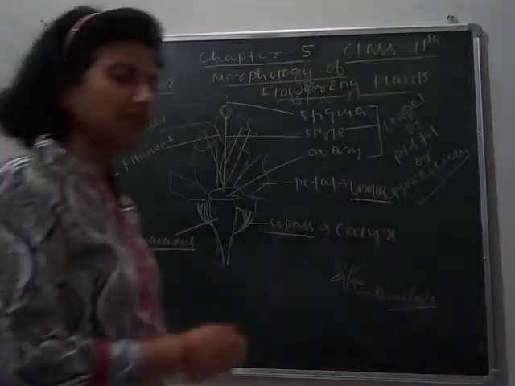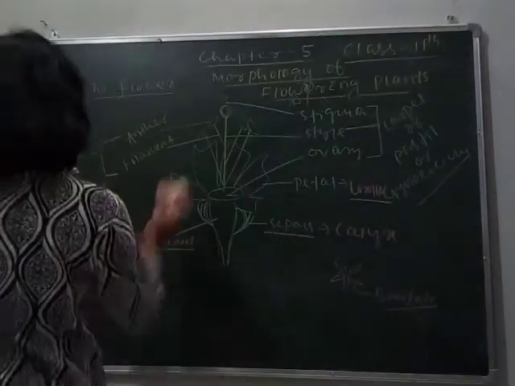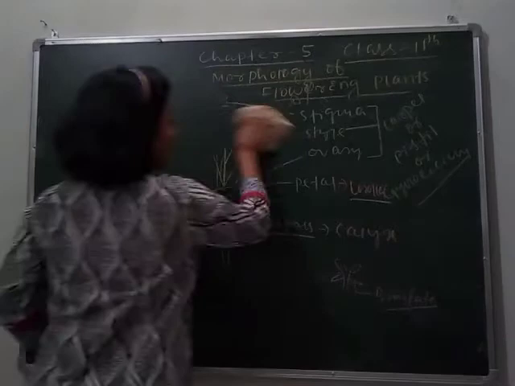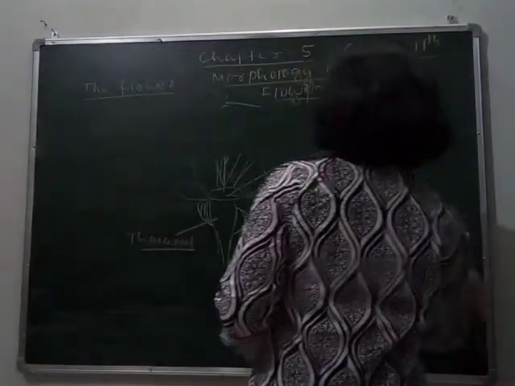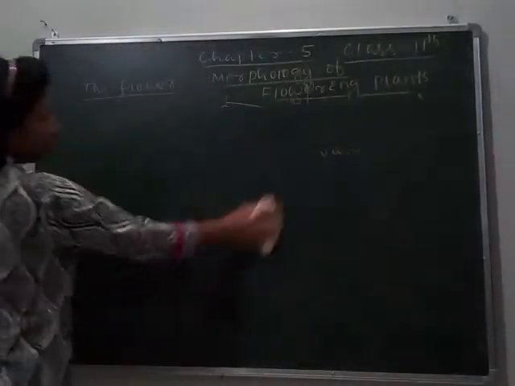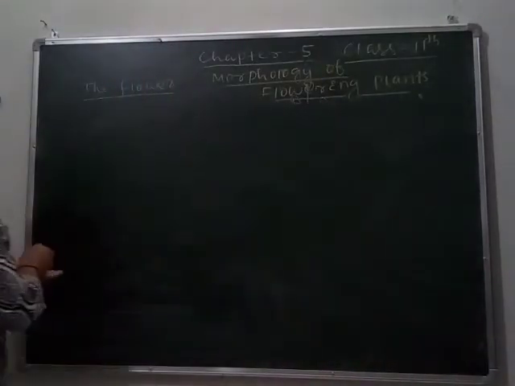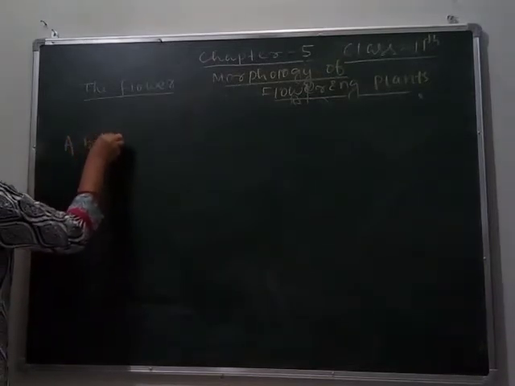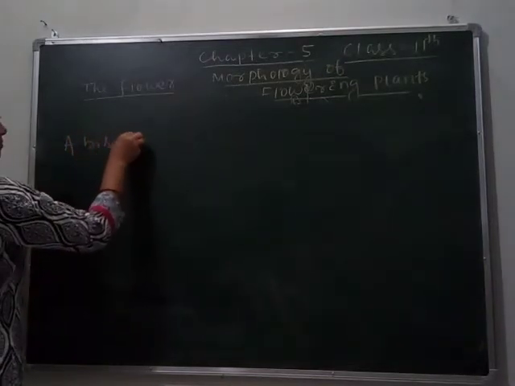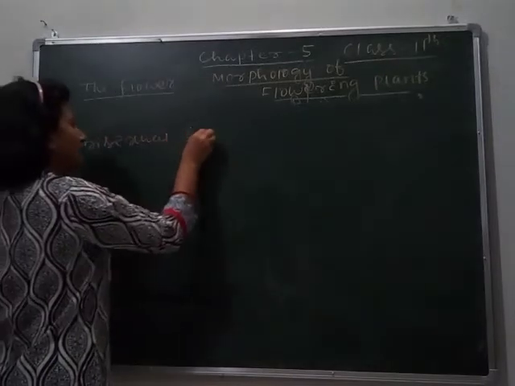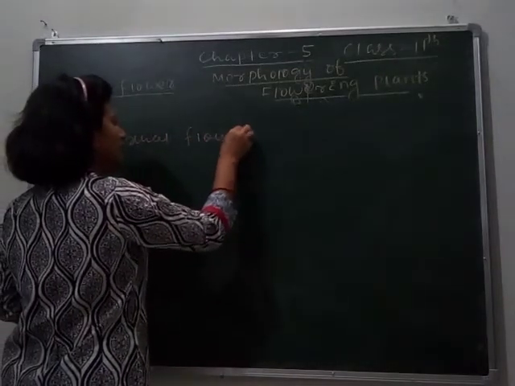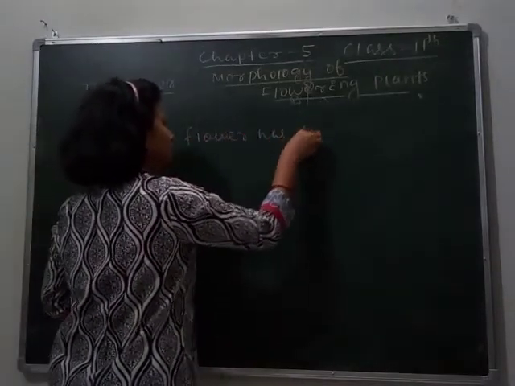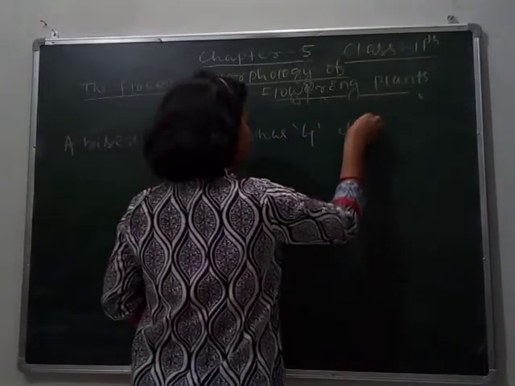So first, let's see, a bisexual flower has 4 different whorls.